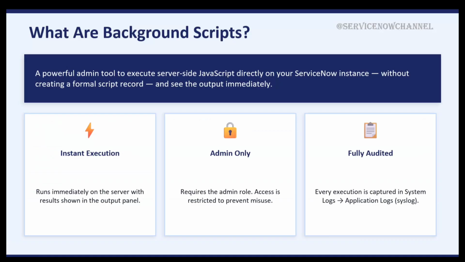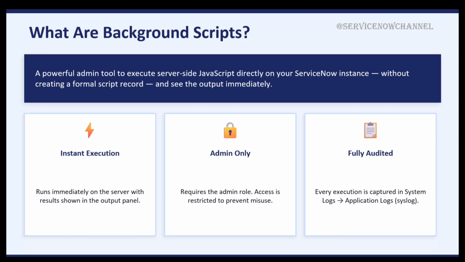If you run any background script in an instance, the output will show on the output screen, and it will also be stored in the log table. So you can check at any time what the output was and what the update was. This is fully audited.